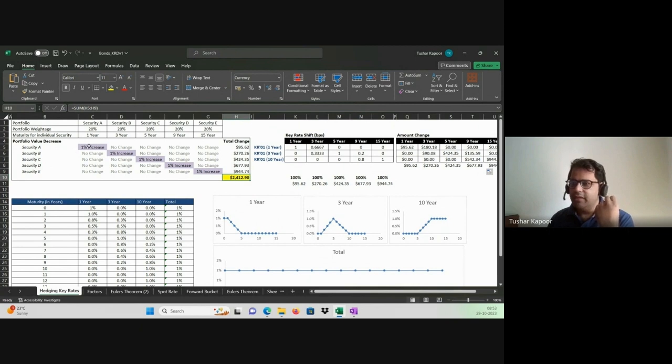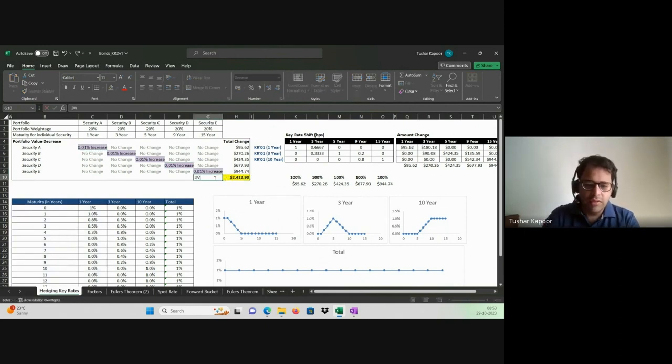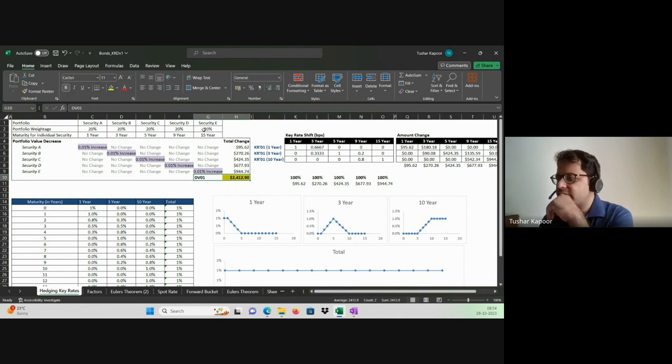I should actually write it as a 0.01% increase, 0.01% increase, 0.01% increase, 0.01% increase, and 0.01% increase. So now this gives me my DV01 overall.